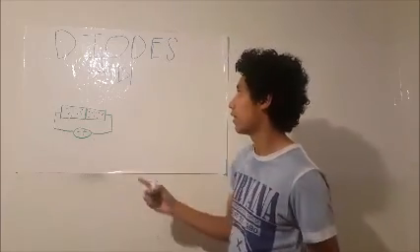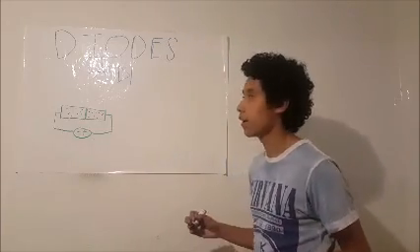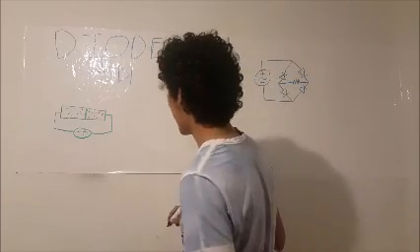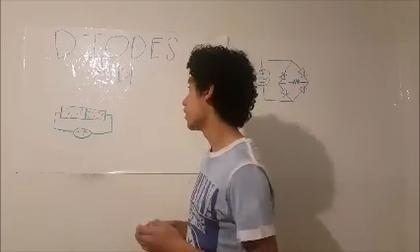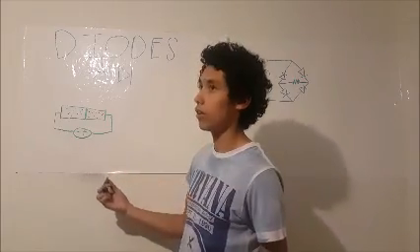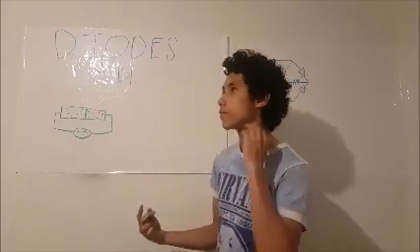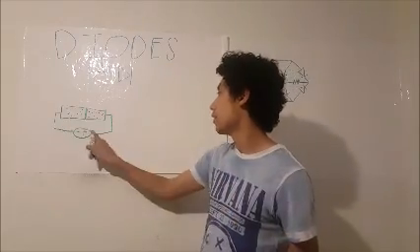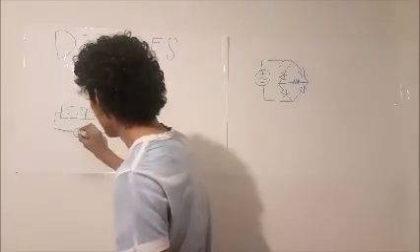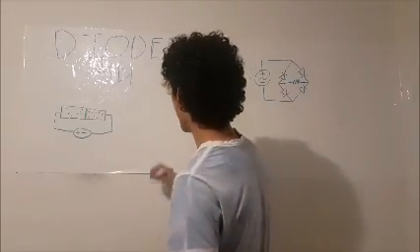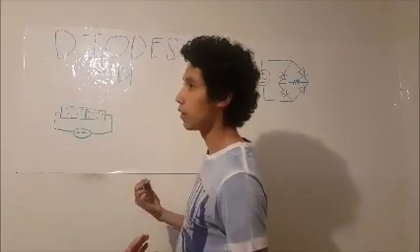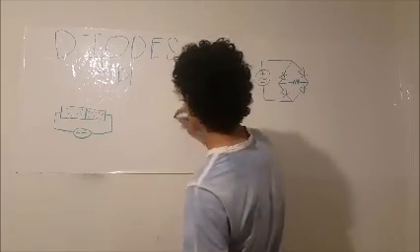Now, I said diodes work almost as a cable because it is not sufficient that it is connected this way. It needs to overcome a voltage that is called the breaker voltage.